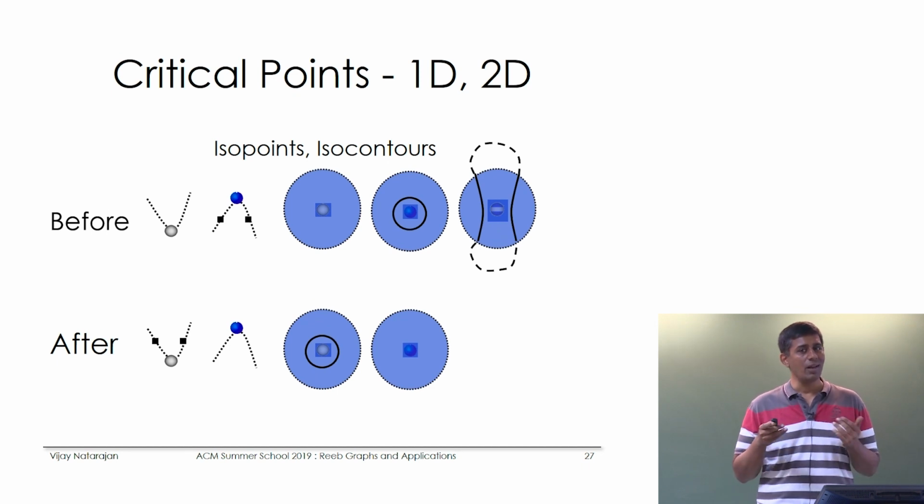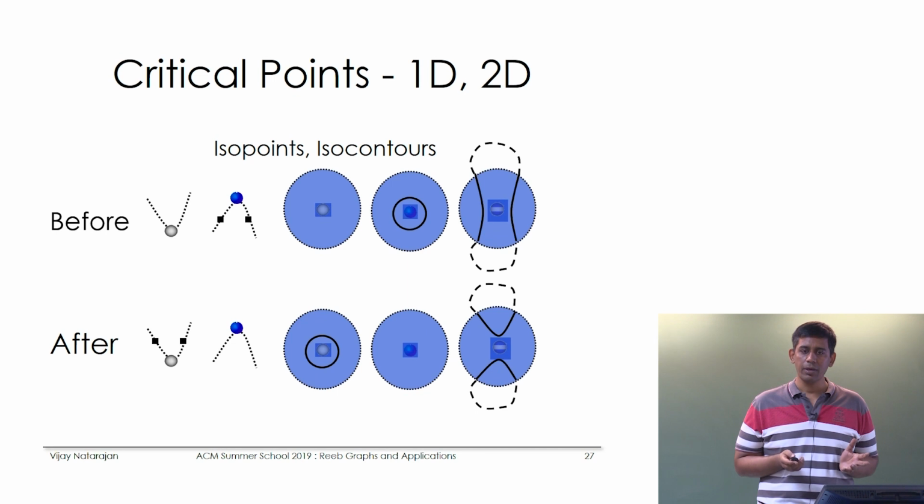Try to imagine a horse's saddle, you are sitting on the horse. In one direction the function is going down, in another direction it is going up. The down direction is where you have two contours, two components. Just look at the blue neighborhood for now. What happens after? It is still two components, it seems.